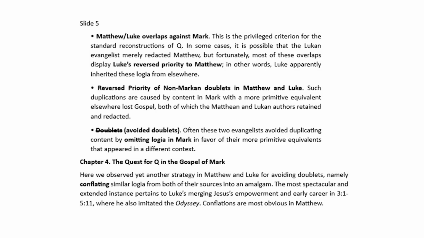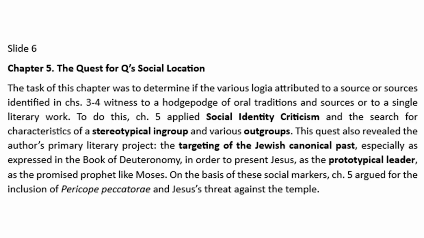And this is where reverse priority becomes so important, because you can see where the more primitive wording appears in these texts and that these authors are conflating their material. So then there's a question: what do we do with these various logia or sayings that we can identify on the basis of the Matthew-Luke overlaps against Mark, the doublets and the non-doublets, and conflation?